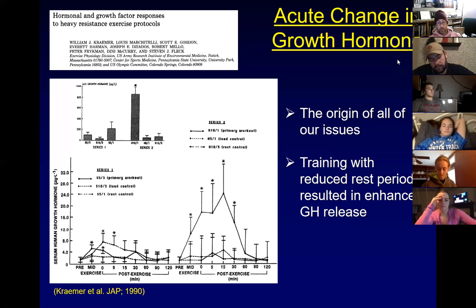And they promote that you want relatively shorter rest periods between sets. All of this is based in large part on the data that you see right here in front of you. So when I say this is the origin of all of our issues with the hormonal response and its role in hypertrophy, a lot of it is based upon this.